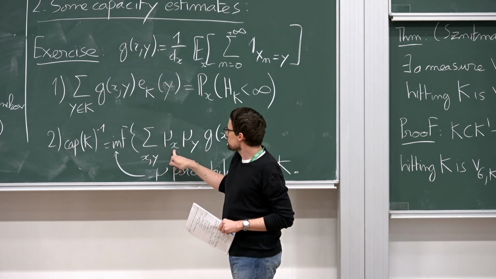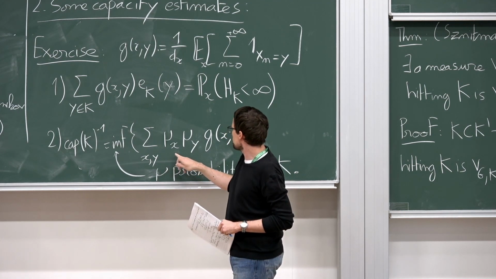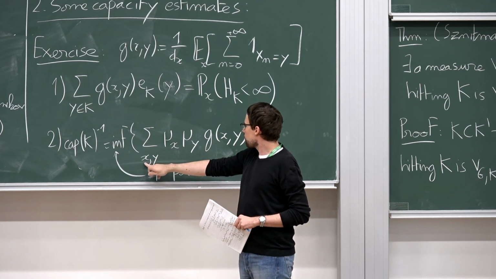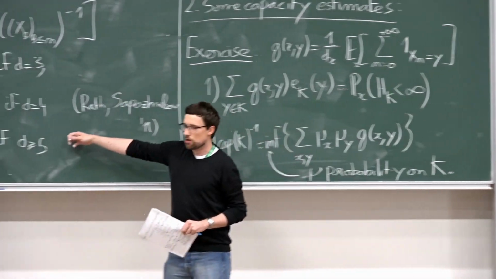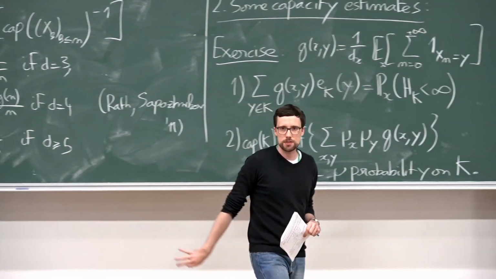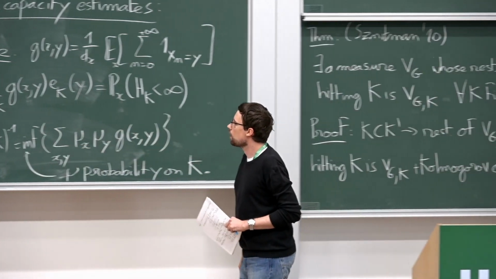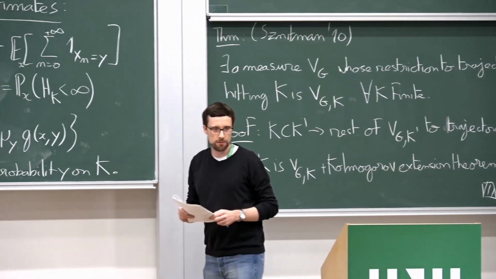If you take mu x to be the local time of x, you will have a sum over all times of the Green function, and this you can estimate, and this will give you this result. So this is how you prove this final result, and I will stop here for today.